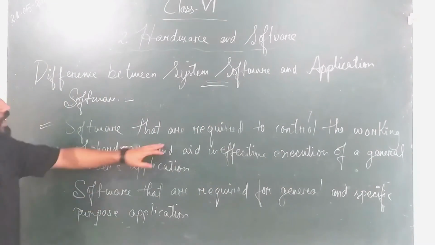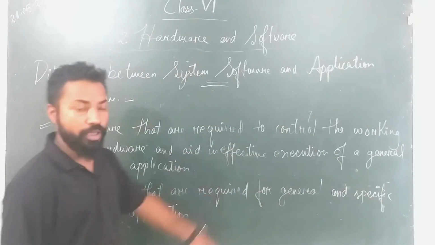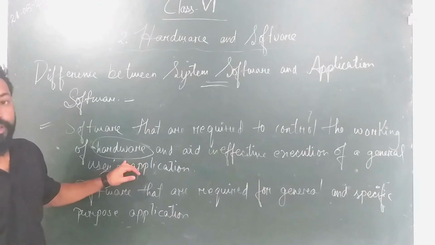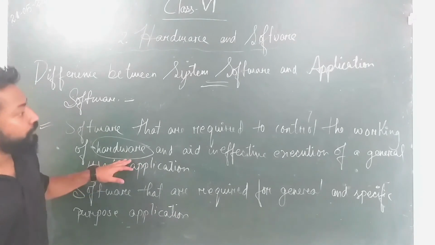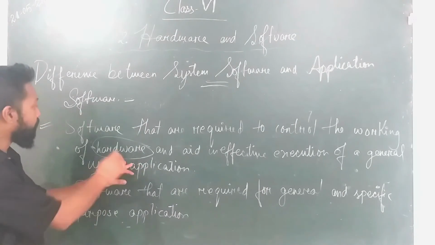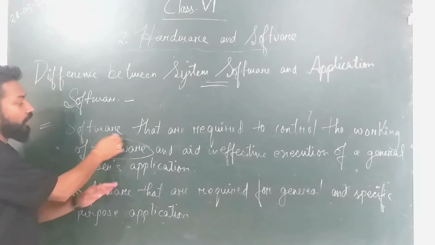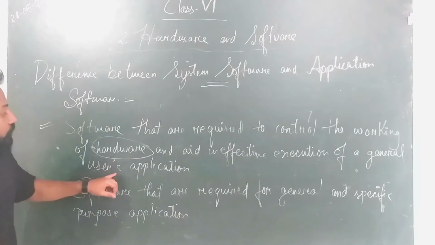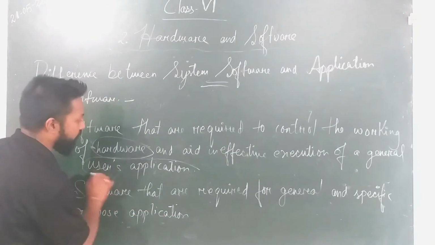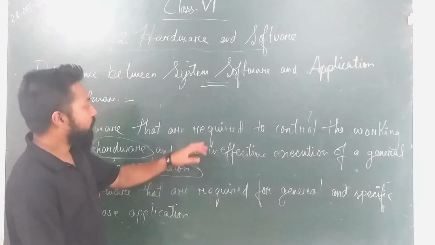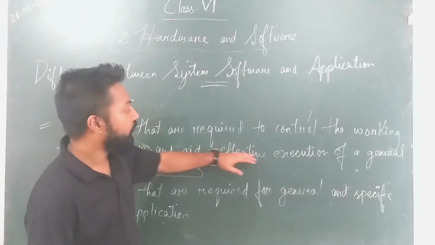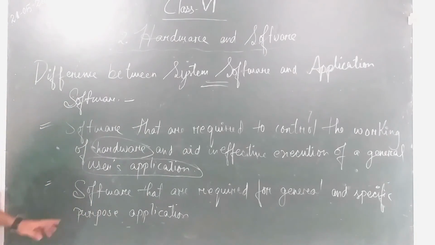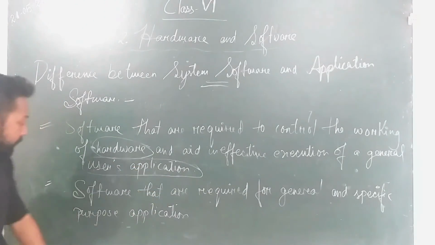All the hardware connected to your computer is controlled by it, and whatever general user applications are available, with the help of system software we get better execution of them.